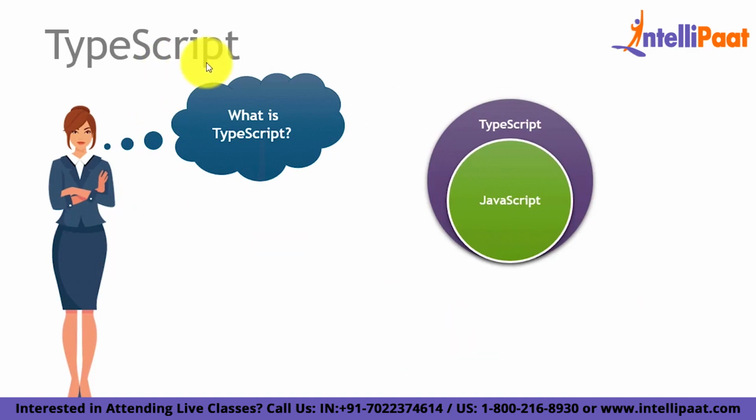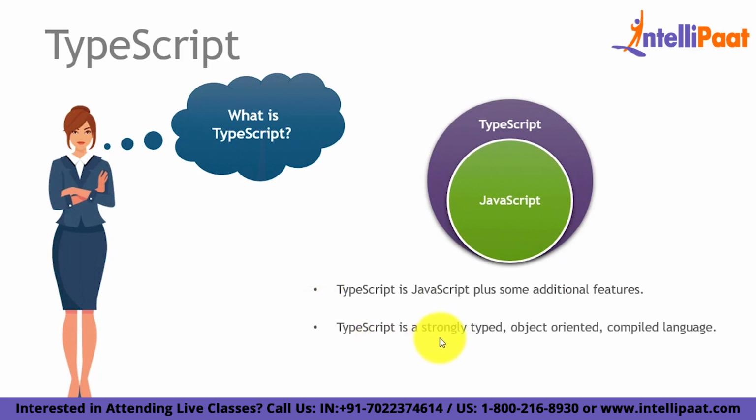Let us talk about the other keyword, what is TypeScript all about. We all are familiar with JavaScript, and TypeScript is nothing but JavaScript plus some additional features. Next, TypeScript is a strongly typed, object-oriented and compiled language.